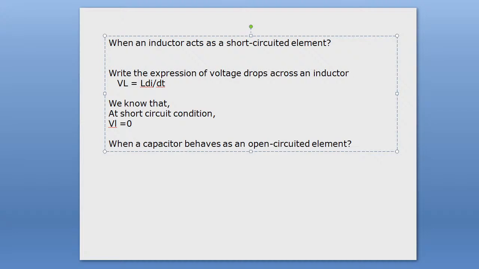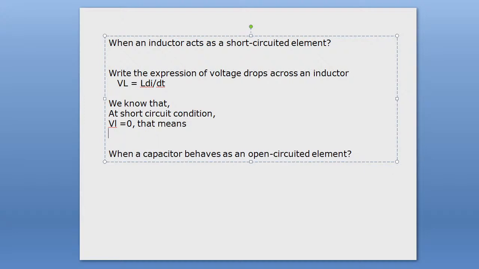That means t tends to infinite. Sorry, small t is the time. t tends to infinite. Understand this point?